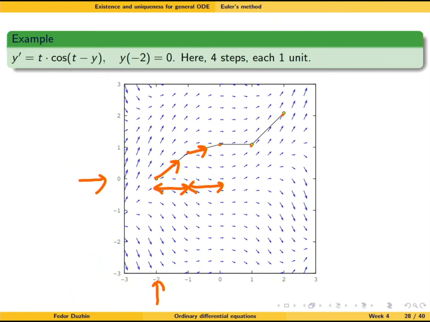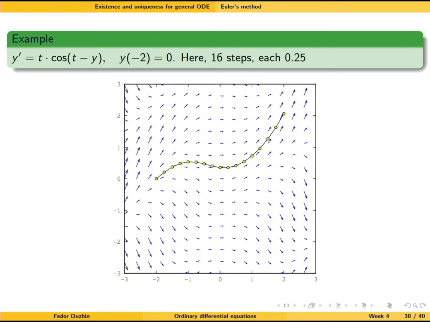But then we can do the same thing with 8 steps. So again, we'll look at this point, and we'll move in the direction of the corresponding vector and we will move so that the distance in t is 1/2. But then we can try 16 steps or even more steps. And then the more steps we do, the more like a smooth curve the result looks like.